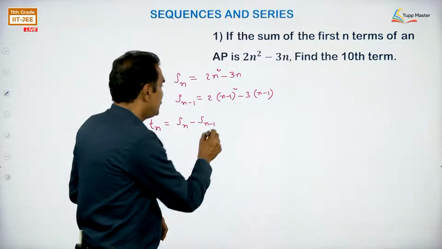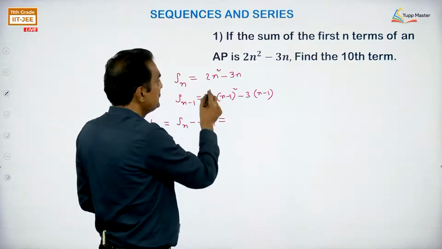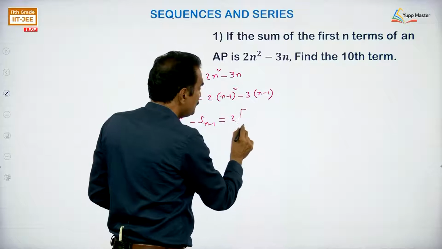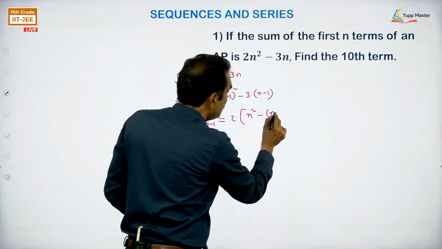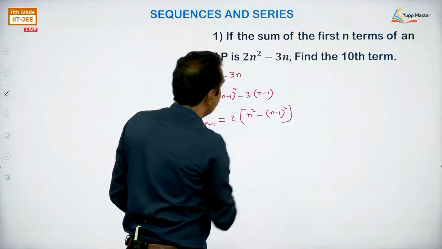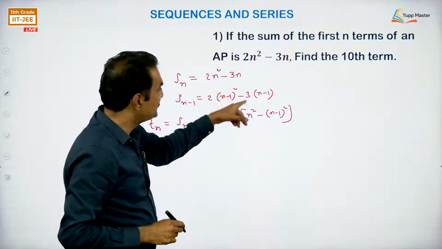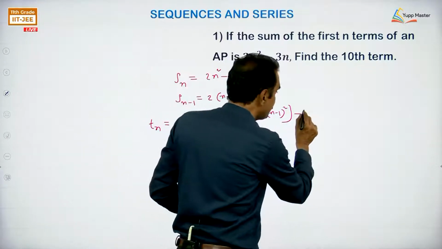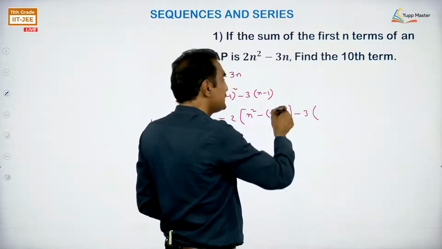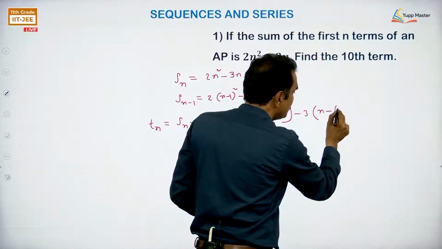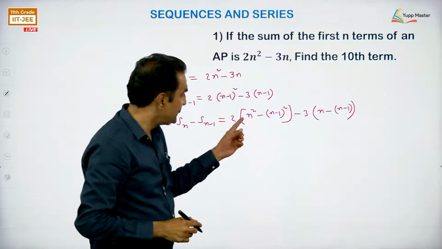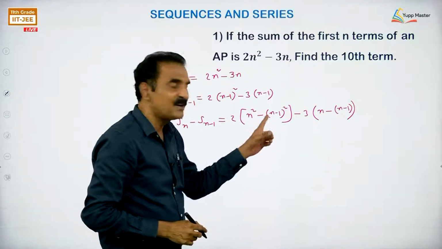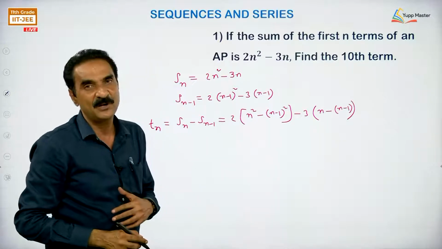Alright. Now, subtracting these two, 2 is common. 2 into n square minus of n minus 1 whole square, minus 3 into n minus of n minus 1. Now, let us simplify by using the formula a square minus b square is equal to a plus b into a minus b.